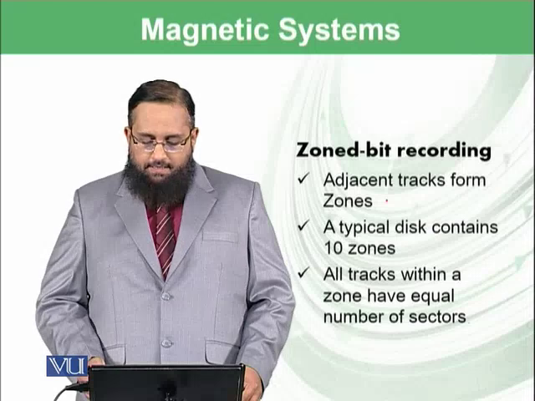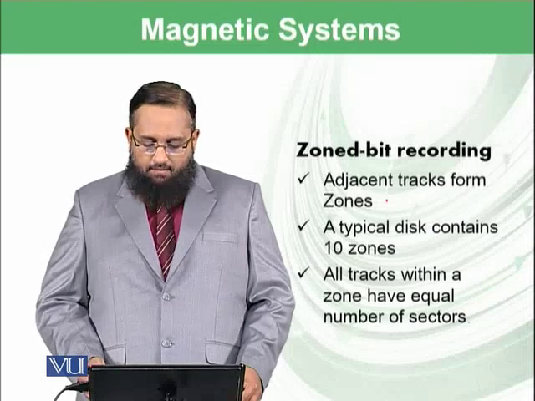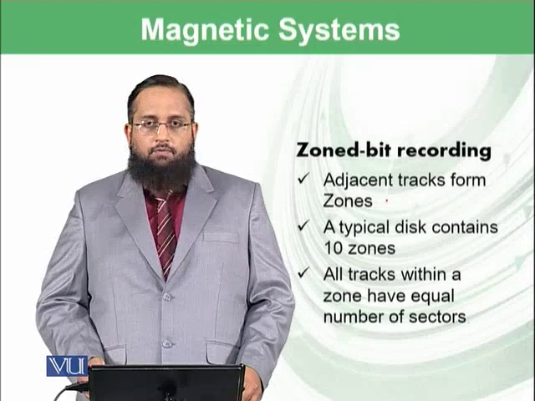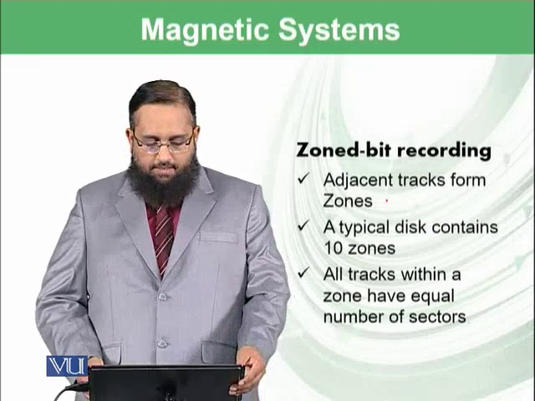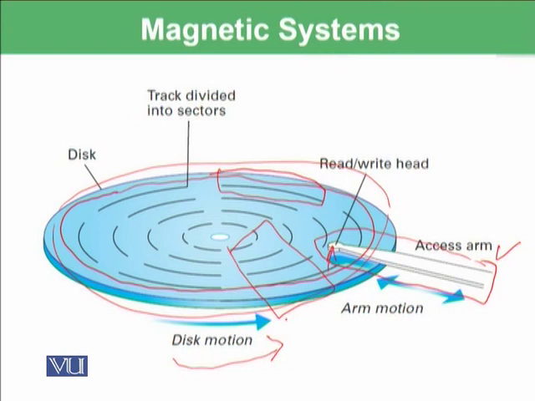A typical disk contains 10 zones, and all tracks within a zone have an equal number of sectors. For example, these adjacent sectors can form a zone. The read-write head coming in this direction can read data from the adjacent sectors, so this reduces the time to read and write the data.